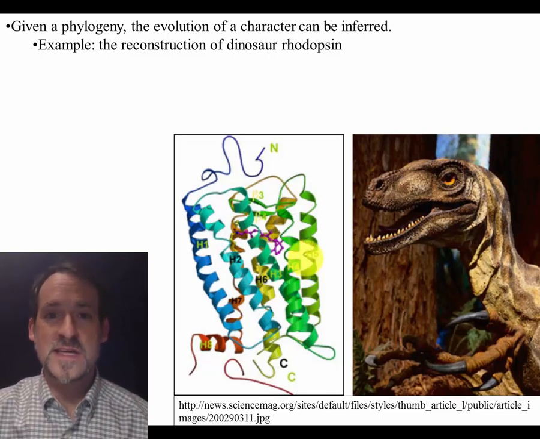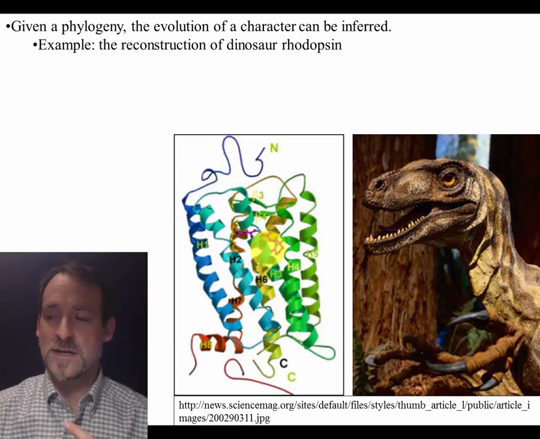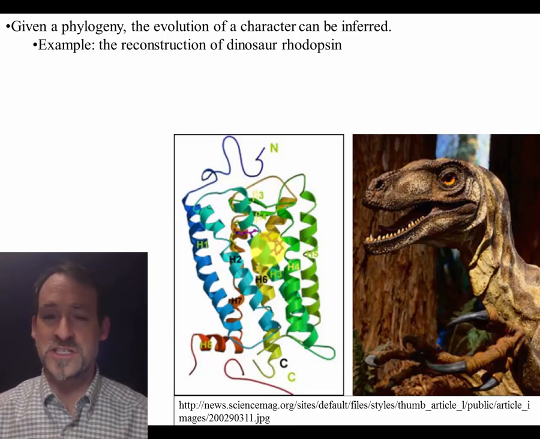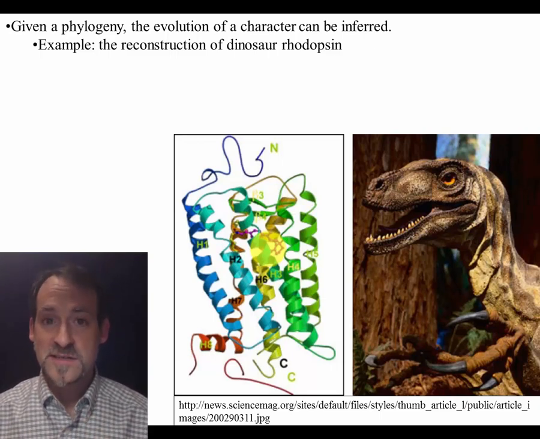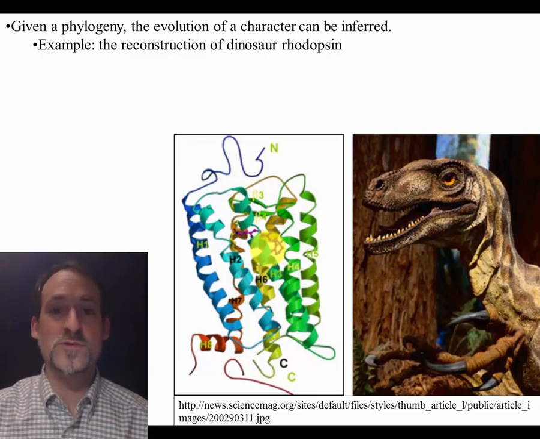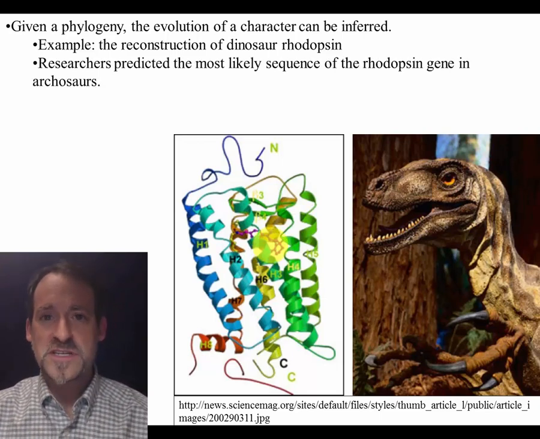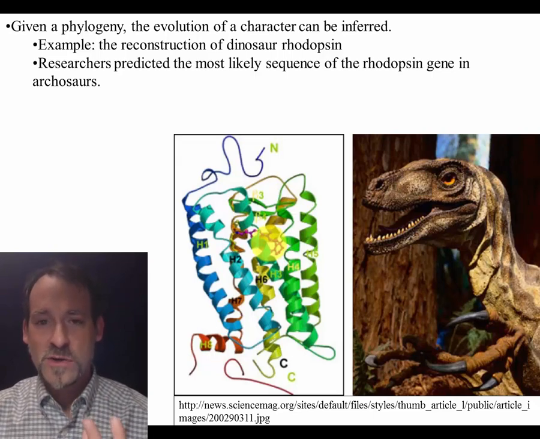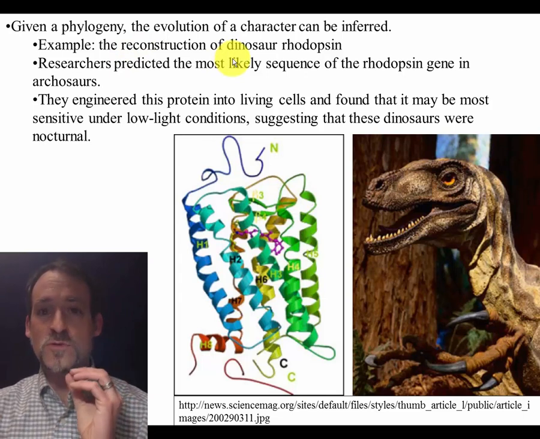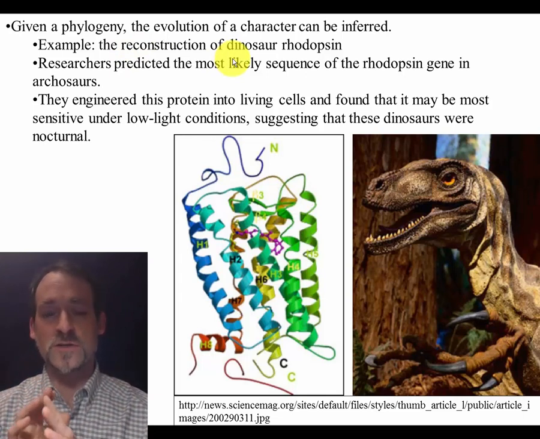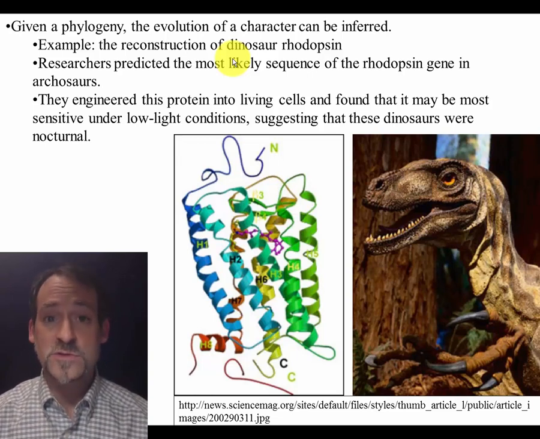What was neat is that they then put together that protein, and I think what they did is they cloned that gene into a cell line and got that cell line to express this particular variant of the rhodopsin gene. And they took it into the lab and they exposed it to different wavelengths of light and saw what it reacted to. And what they found is that this rhodopsin molecule is most sensitive under low light conditions. The implication being that dinosaurs could see in the dark.